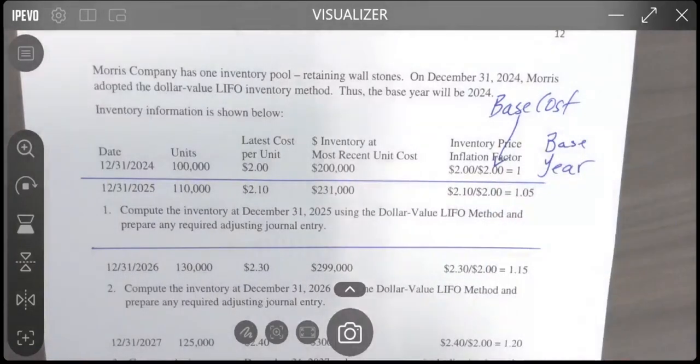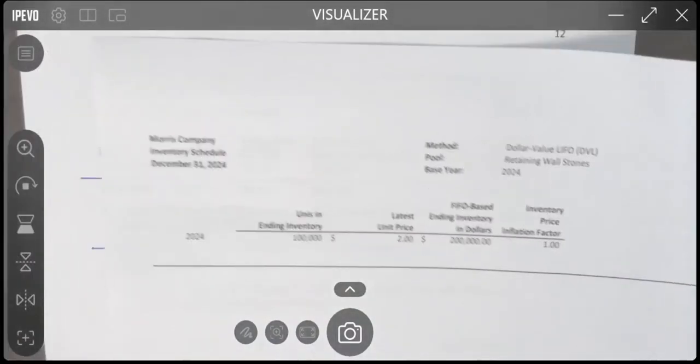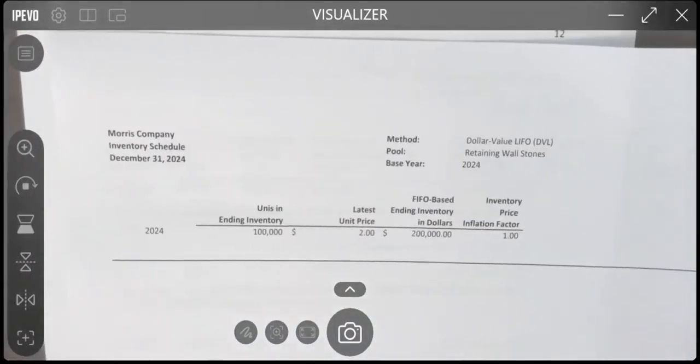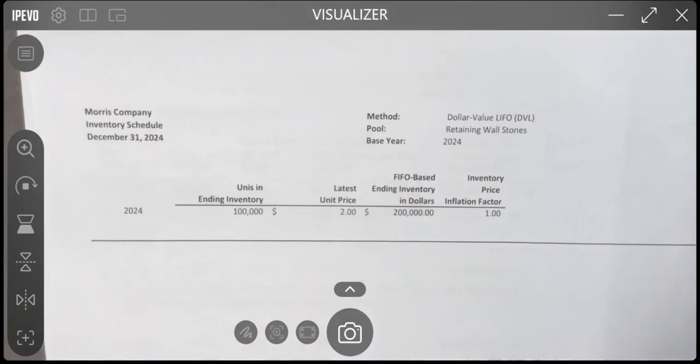And so I put together a schedule that looks like this. Morris Company inventory schedule at December 31, 2024. The method is dollar value LIFO. The pool we're talking about is retaining wall stones, and the base year is 2024. And there you have units in ending inventory.